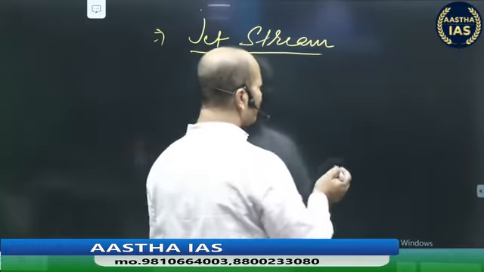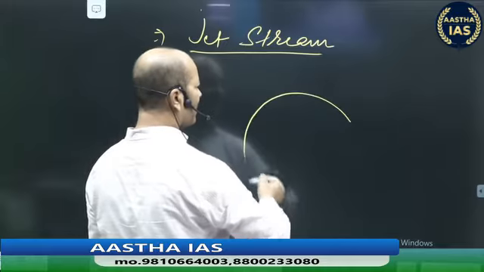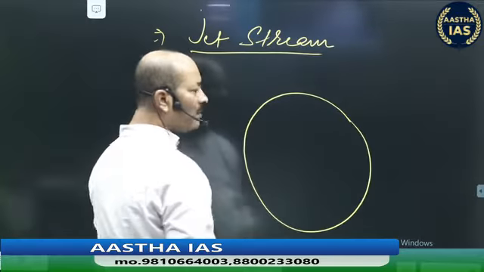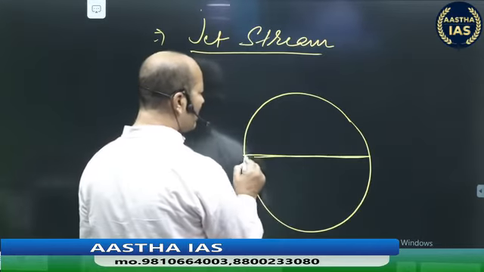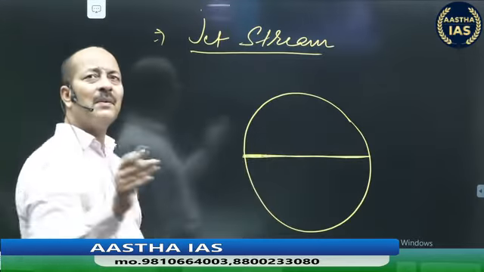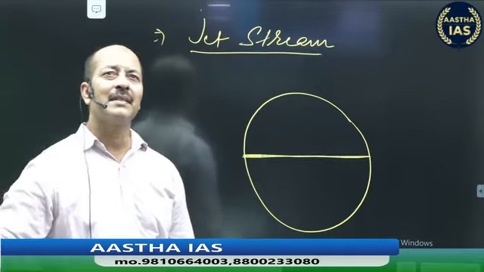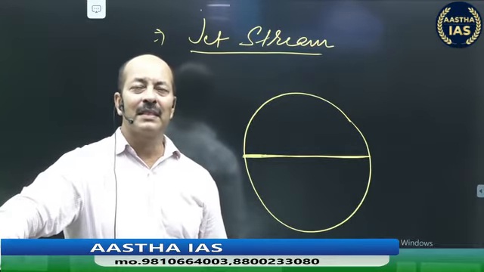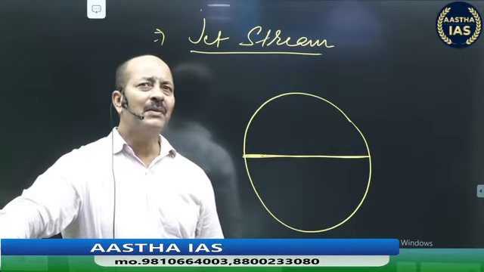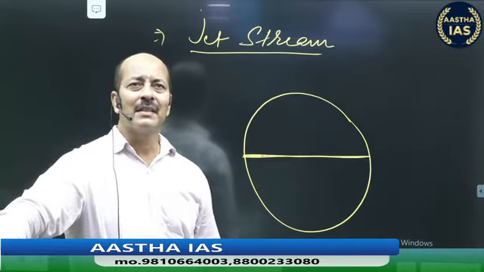Suppose you have this globe. This area experiences high temperature. Highest temperature is in the tropics because there is a change of season, but throughout the year there is a high temperature near the equator.